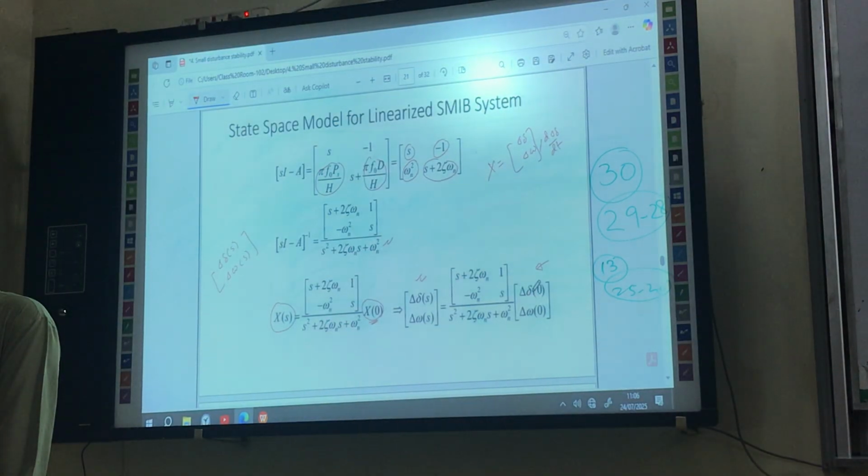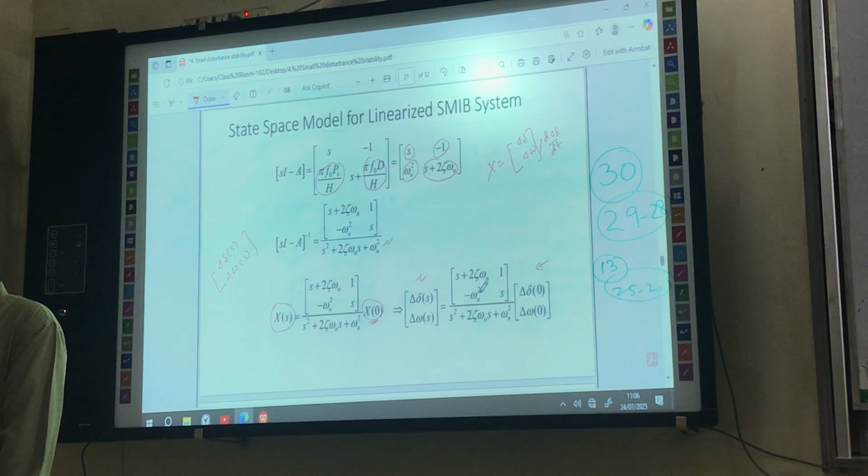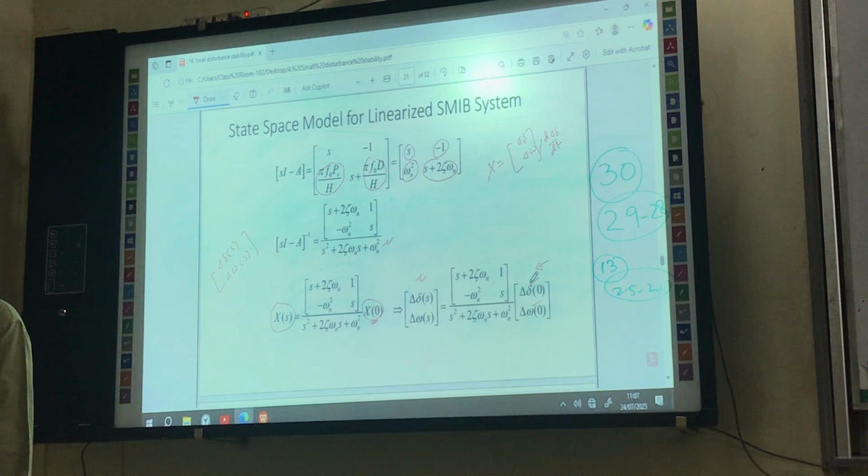These two initial conditions, at least one must be non-zero, right? Because if these two are 0, how will the system operate? For this system there is no input, there is no forcing function. So there should be at least one initial condition. Either this should be non-zero or this should be non-zero, or both can be non-zero, but both can't be 0.